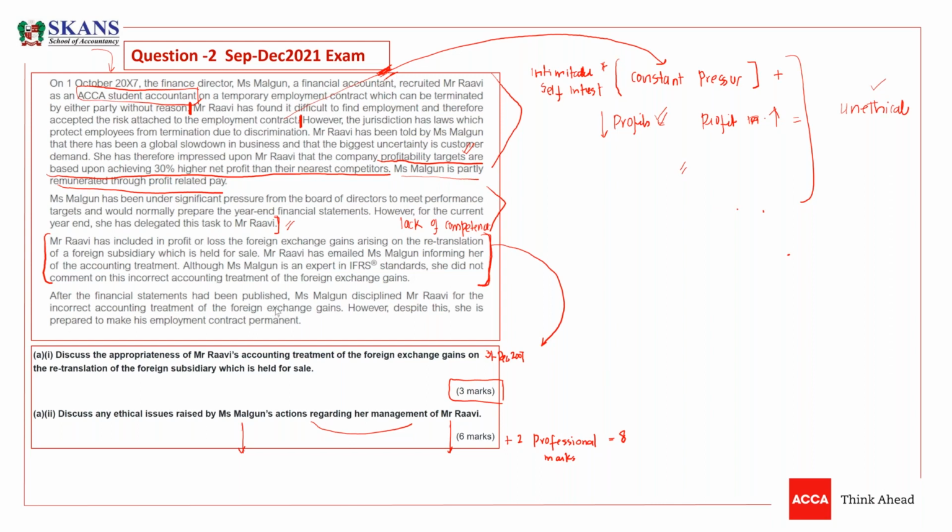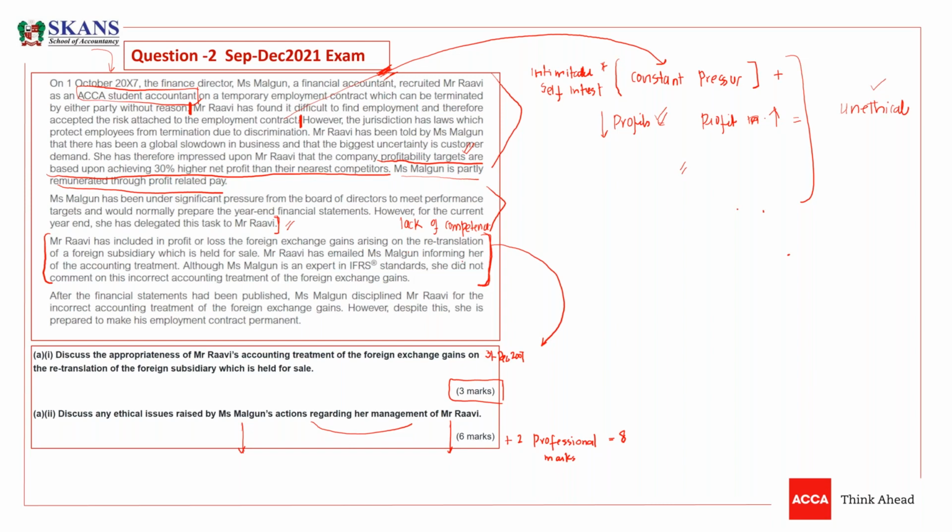Okay, guys. Now, Mr. Ravi has included in profit and loss the foreign exchange gains arising on the retranslation of a foreign subsidiary which is held for sale. So they can't be charged to P&L, guys. This is an OCI item and should be charged to OCI.